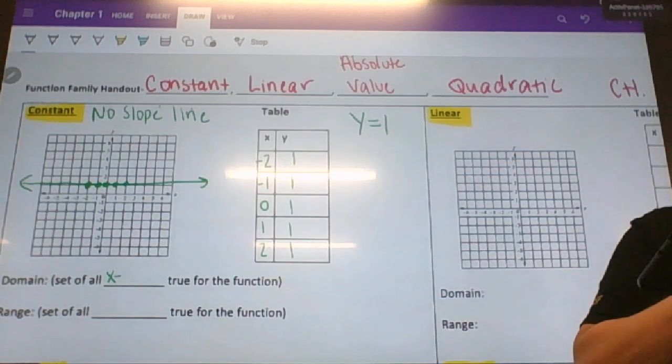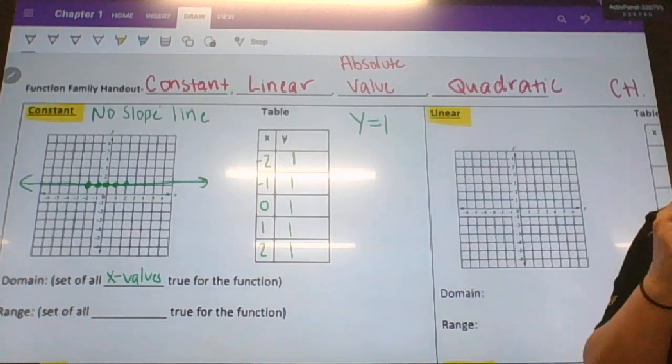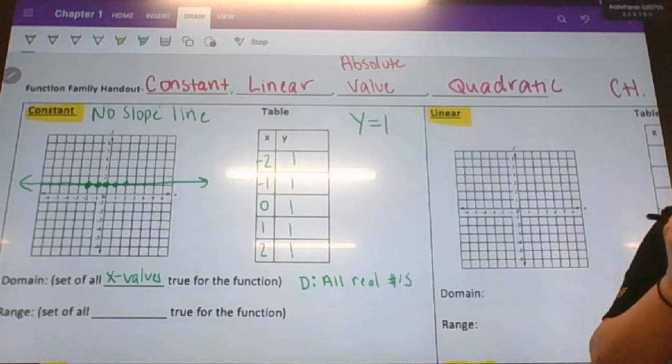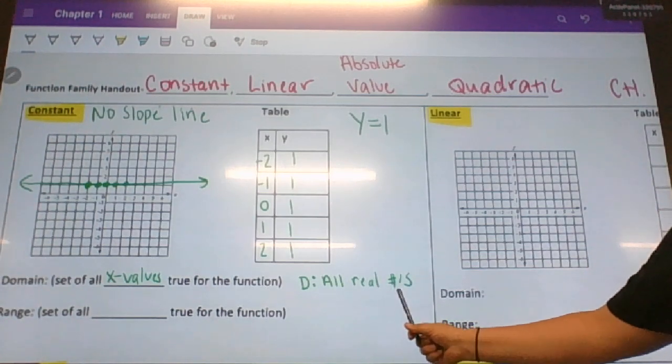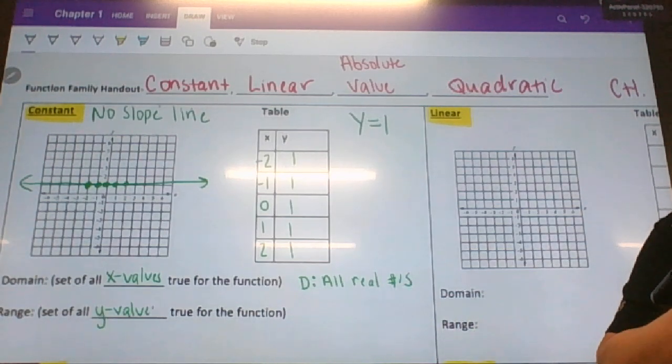The domain is a set of x values true for a function. So the domain of this particular function is all real numbers. This is a hashtag. And the range is a set of all y values true for a function.